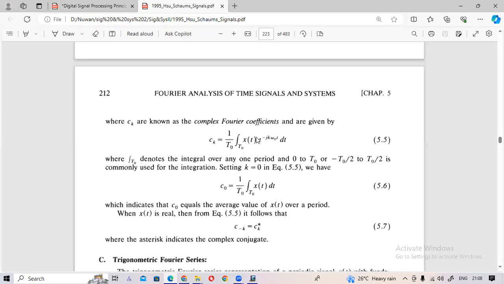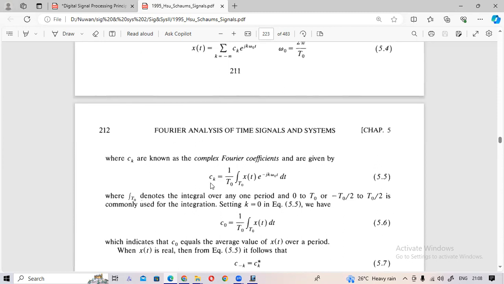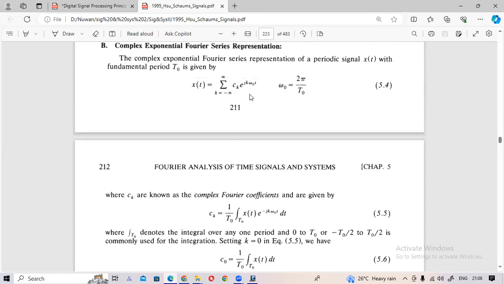If you find this CK, then you can assign values to K, where K is an integer: C naught, C1, C2, and likewise. You can calculate this weightage, then expand the signal with these coefficients.